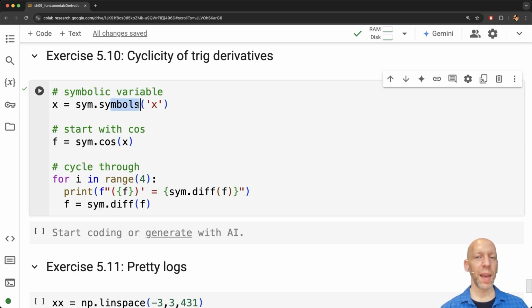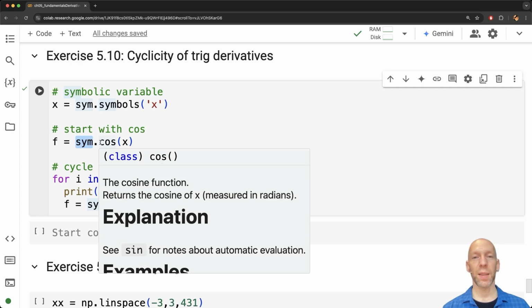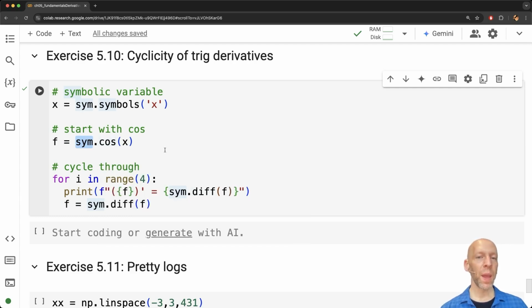Here I'm defining a symbolic variable, initializing this variable f to be sympy.cos of x. Again, remember to use sym.cos and not numpy.cos. And then here I'm just cycling through. So over 4 iterations, I print out that the function derivative is the derivative of the function calculated in SymPy. And then I overwrite f.